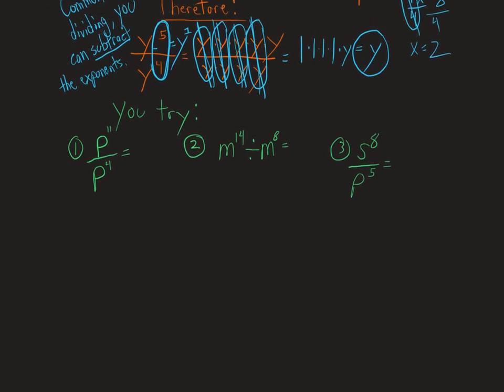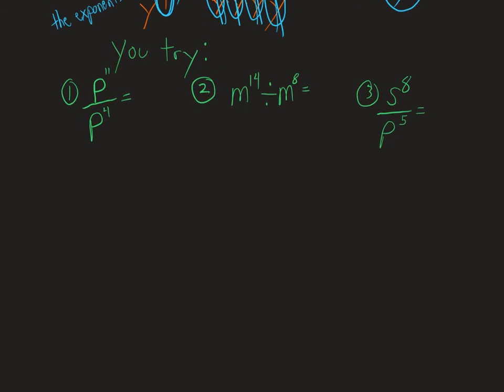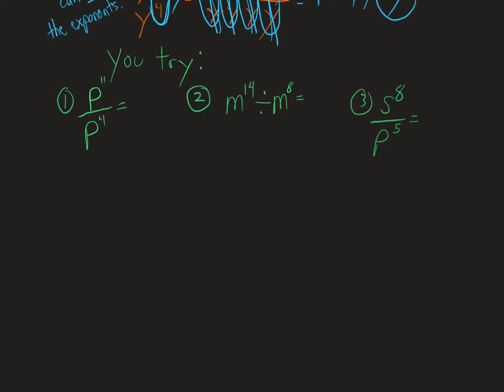All right, if you're back, let's dive in and see. There's 3 practice problems, and right here we've got the common base p. 11 p's over 4 p's means we're going to just subtract 11 minus 4 equals 7.